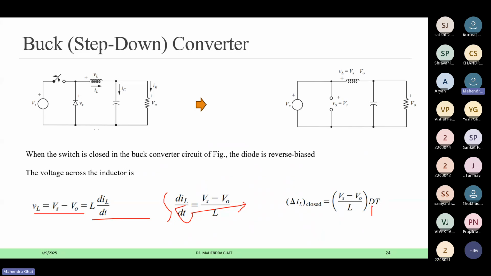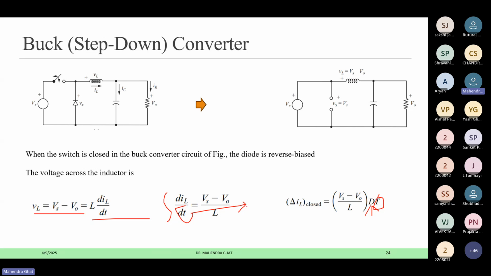D varies between 0 and 1, and t on can be written as D times T, where T is the total time of one cycle, and 1 upon T is equal to 1 upon f, the frequency.